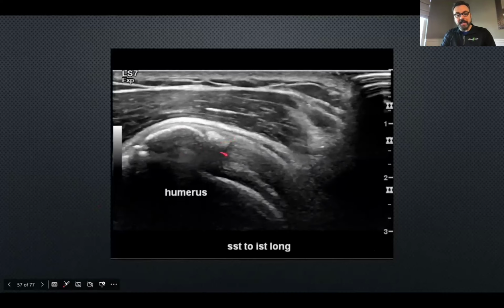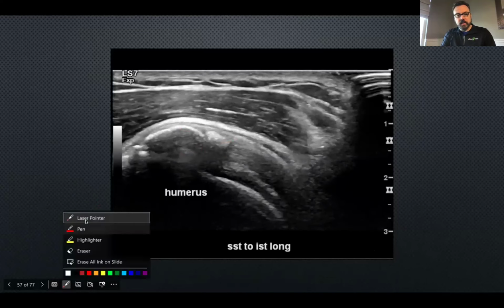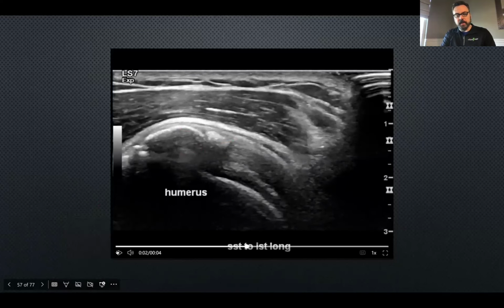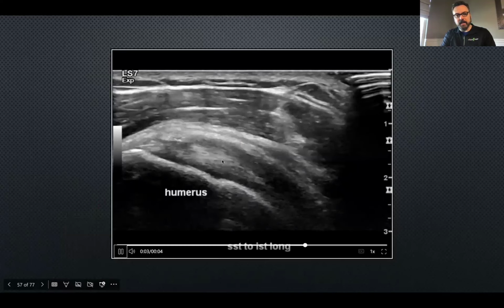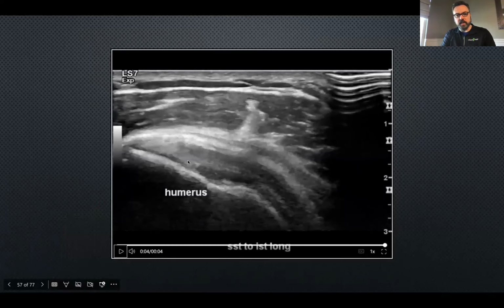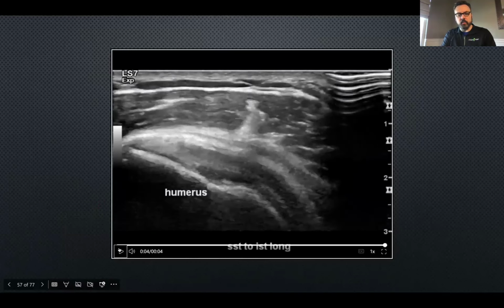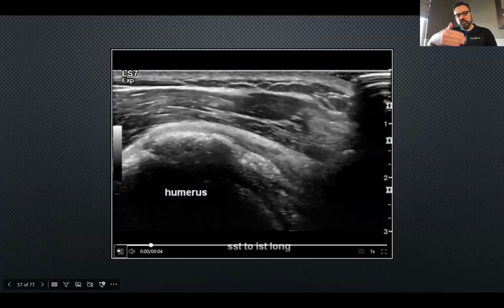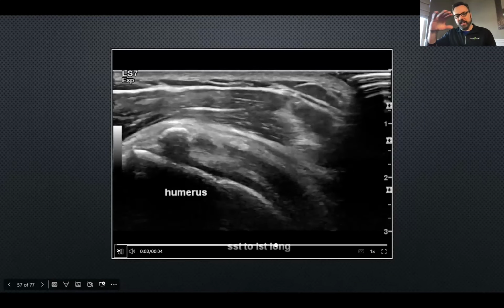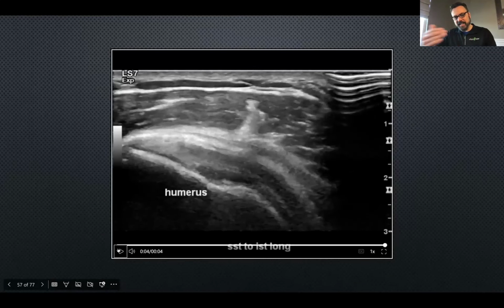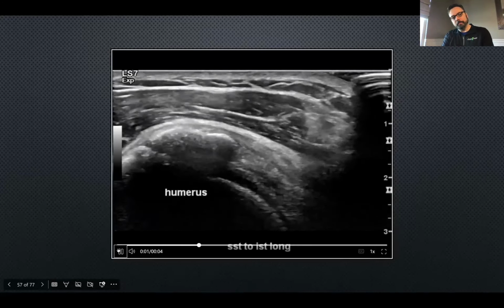But then we get by the supraspinatus, and you're going to see the infraspinatus come in nice and clean. We get by it, and then we have a perfect infraspinatus. So it's like a little movie. We scan through one tendon to the other tendon, and we can see it change from the pathologic condition with the calcification inside the tendon to the next tendon that's adjacent to it being normal.